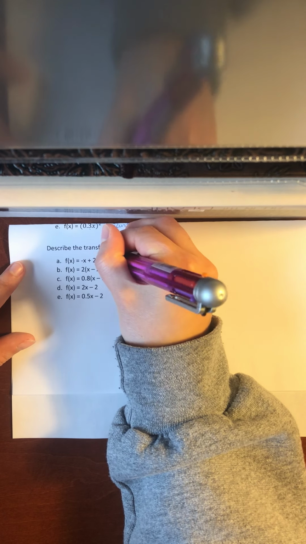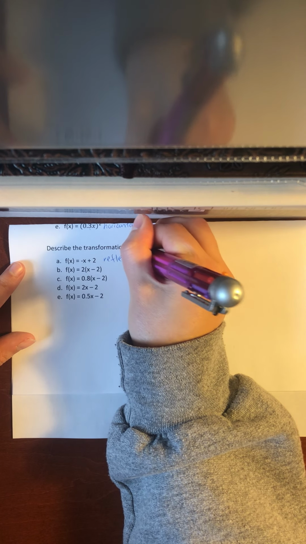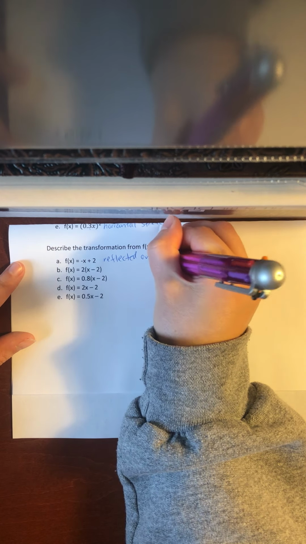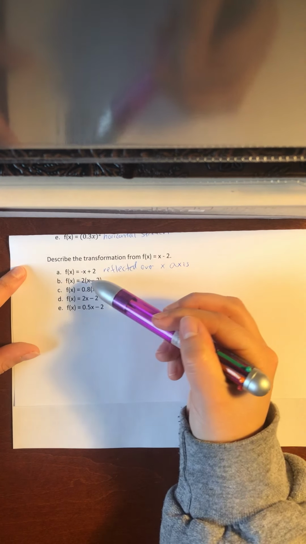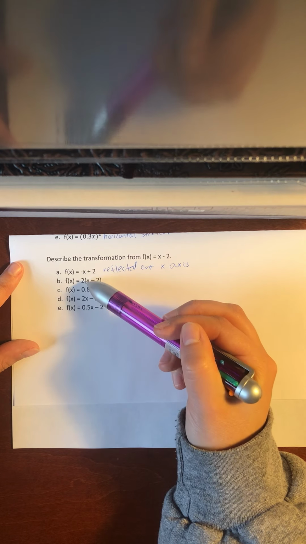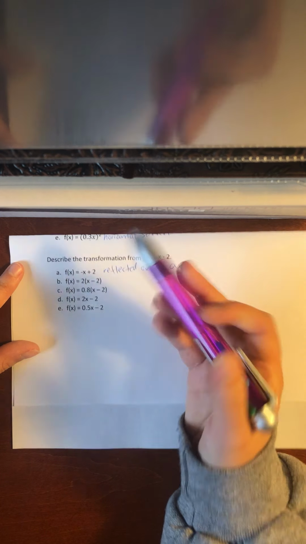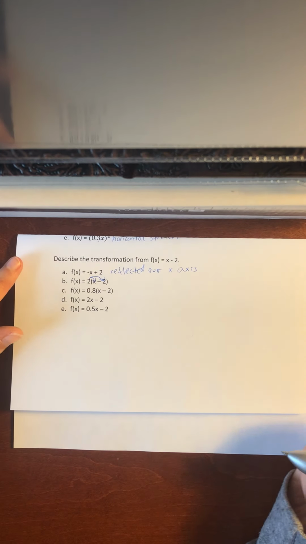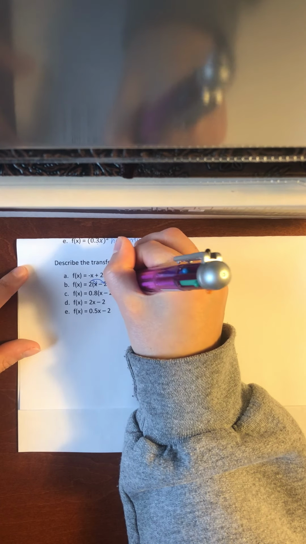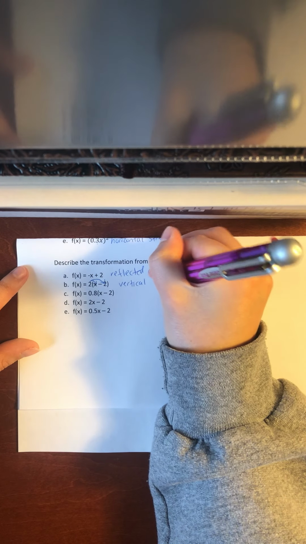So that is reflected over the x-axis. For this one, the 2 in the front is going to affect the slope and the y-intercept here. It's going to get multiplied through by the whole thing. So we know it's going to be vertical. And since this value is greater than 1, it's a stretch.